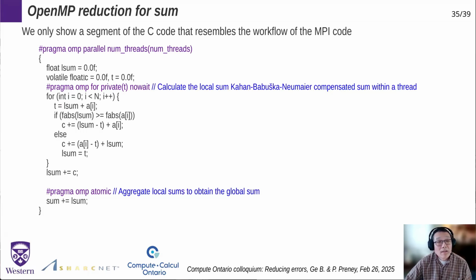What the C code does is simply the local sum with the Kahan, Babushka, Neumaier algorithm, and then we put an OpenMP pragma here. It says to compute this, do not wait, so the threads compute independently of each other, and in the end, after every thread is done, we add the local sums together. So this is a synchronization point.